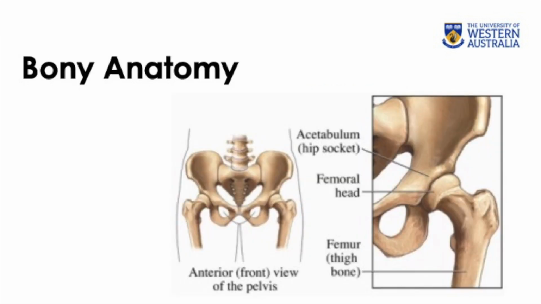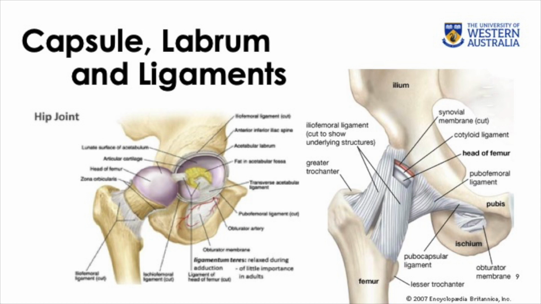Starting with the bony anatomy, I have the pelvis and the hip joint, which consists of the acetabulum and the femoral head. The femoral head, of course, is connected to the femur. Next is the capsule, labrum and ligaments.